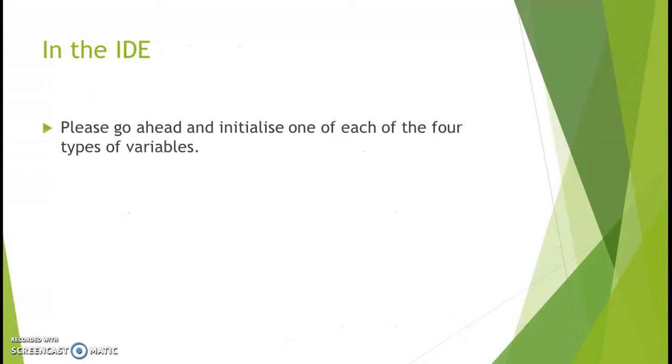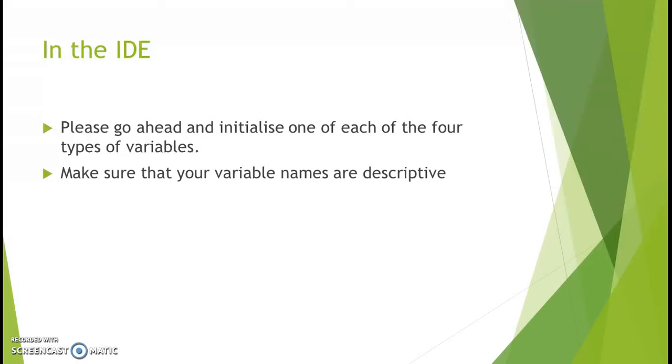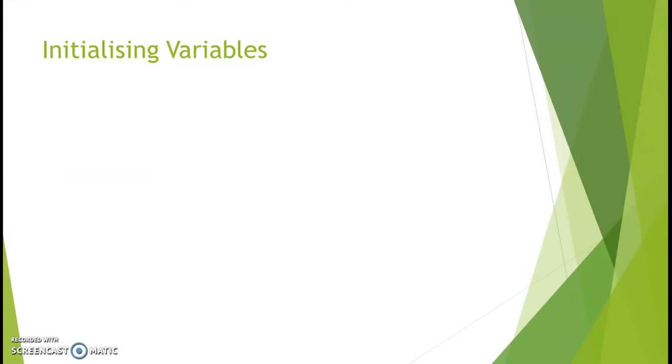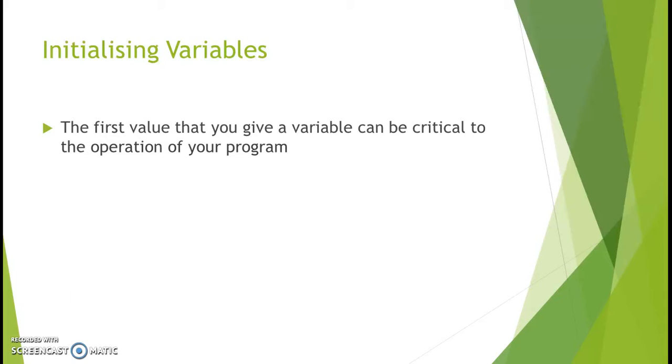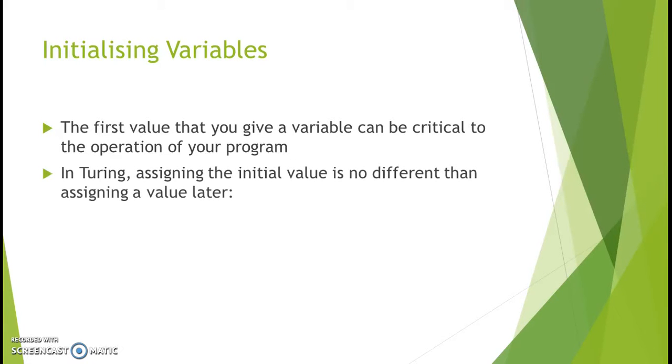Okay, so in the IDE, go ahead and open it up and initialize one of each of the 4 types of variables. Please make sure that your variable names are descriptive and include your comments as usual. Don't forget to initialize your variables. And keep in mind what this means, initializing your variables.